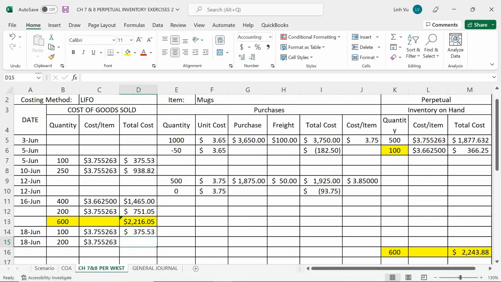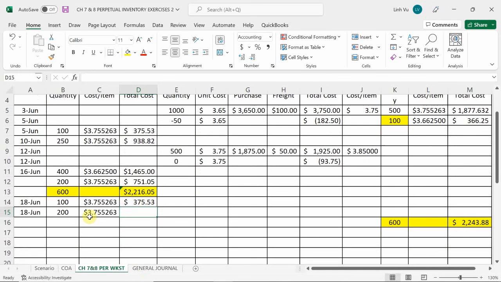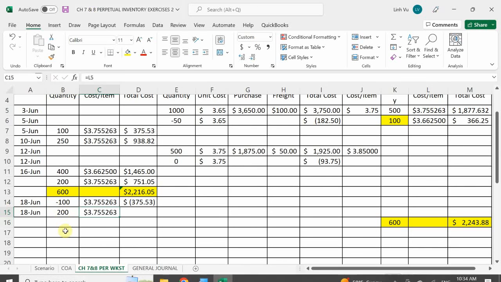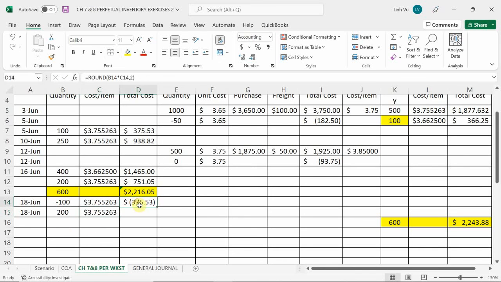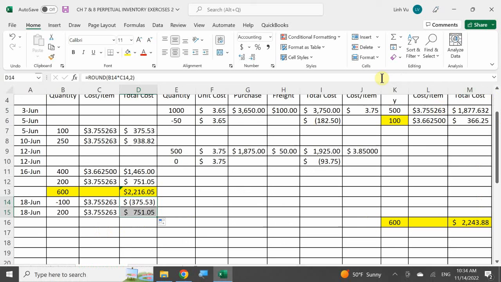So that's going to equal. Oh, wait. Yeah, we're supposed to add that back. Oh, we're supposed to add that back. So it's supposed to be negative 100. Okay. And then, right, it's going to cost you $751.05. Okay, to sell 200 units.